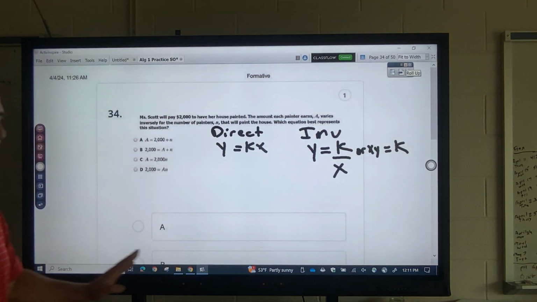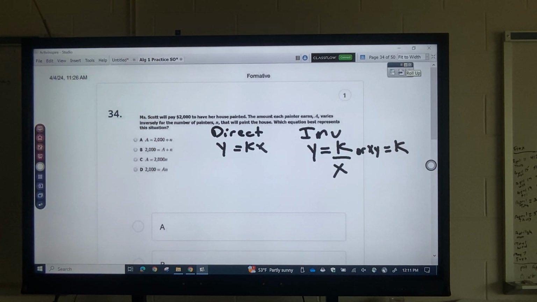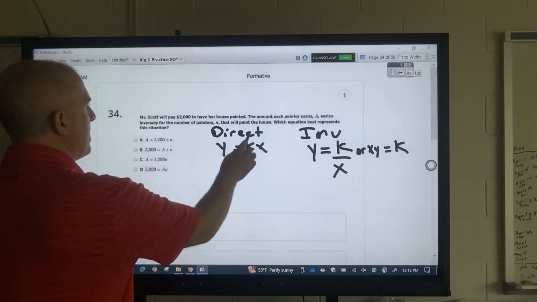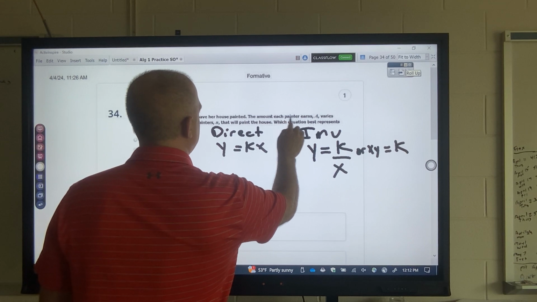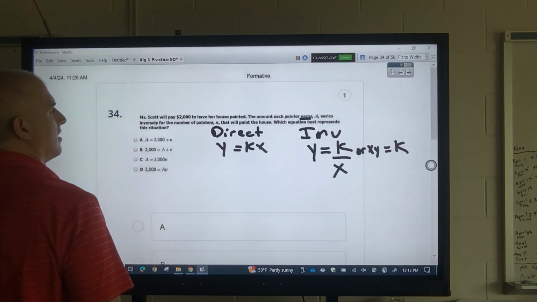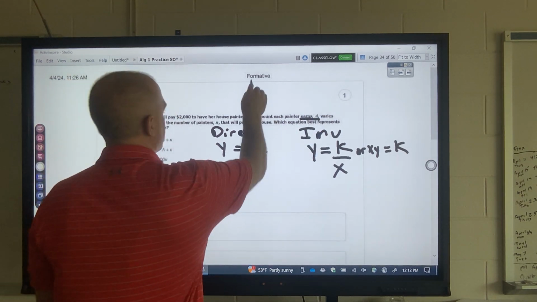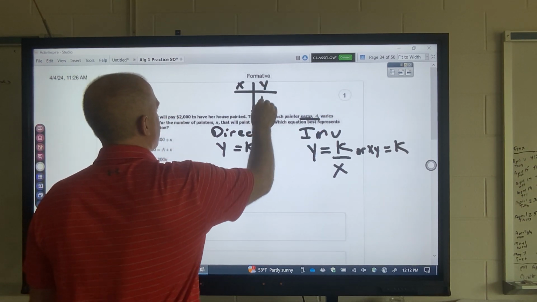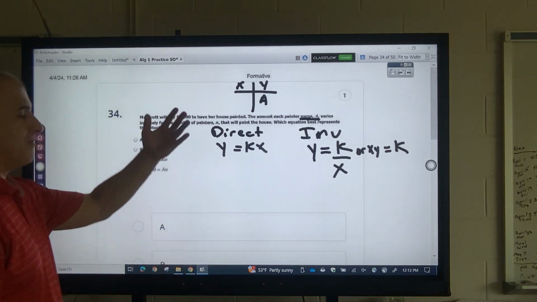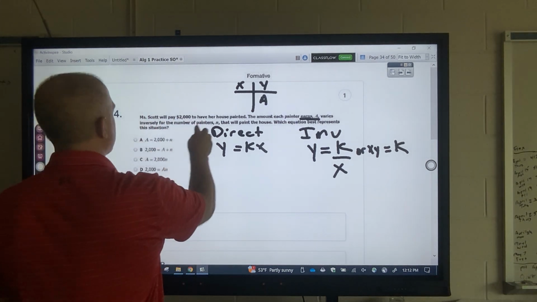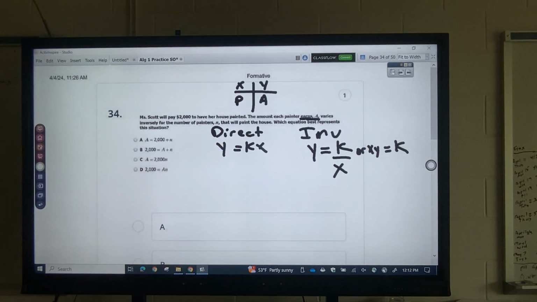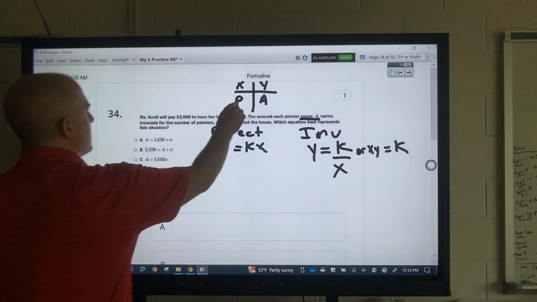So sometimes you may see that in both. This says the amount of paint the painter earns, which is A, varies inversely. So whatever happens before varies is the y. Inversely is the number of painters. Okay, all right. So they're using n for painters.